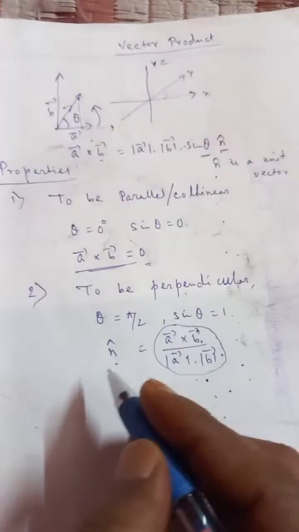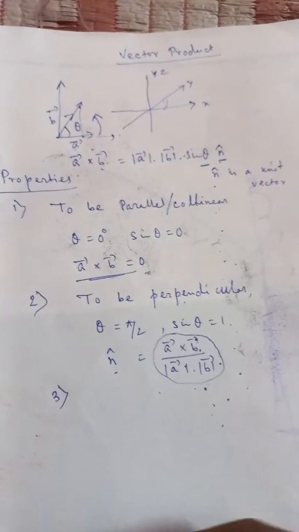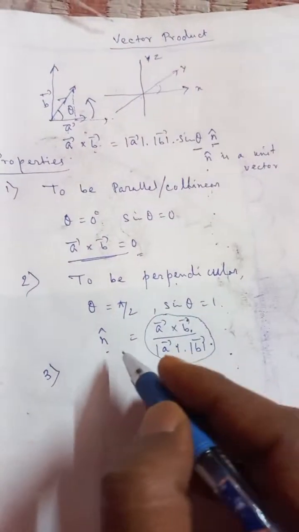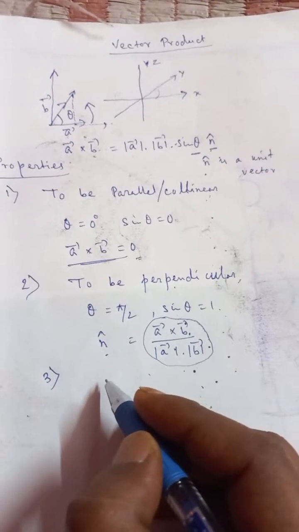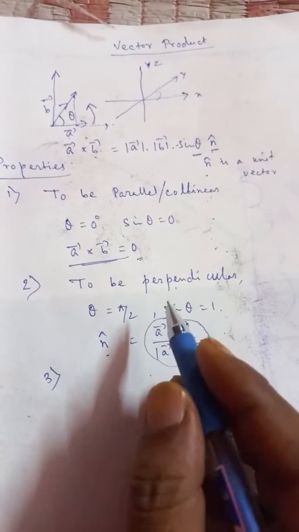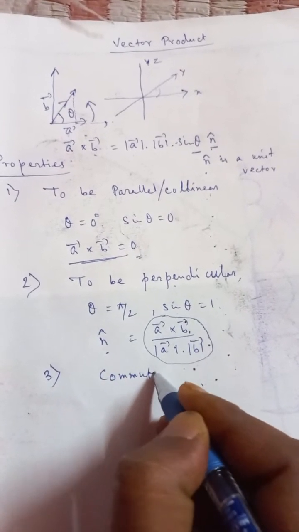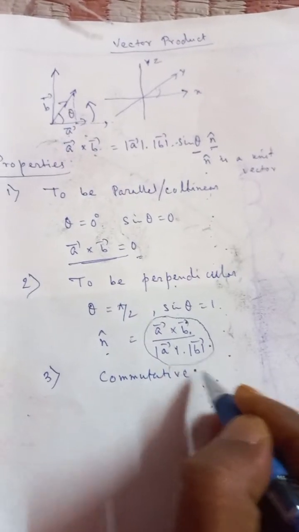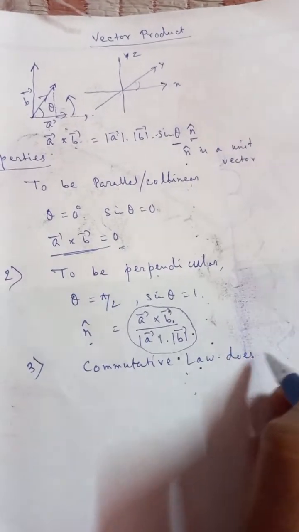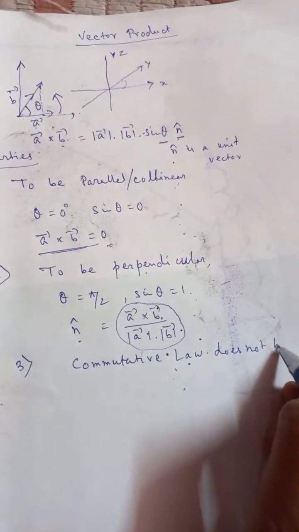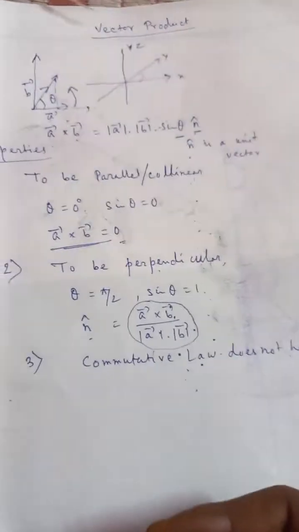The third property is that the commutative law does not hold in the vector product. How can we prove this?